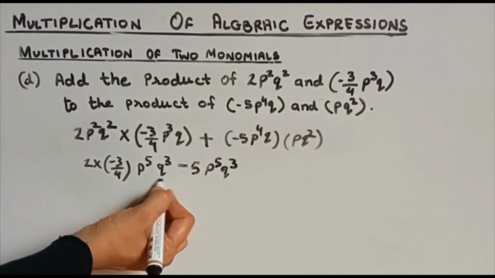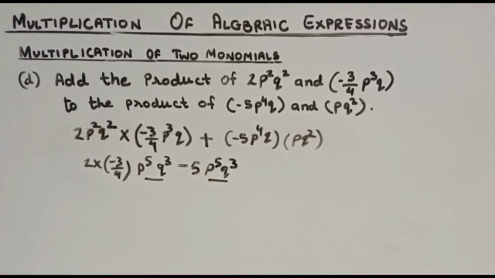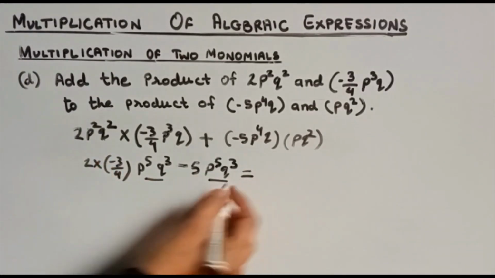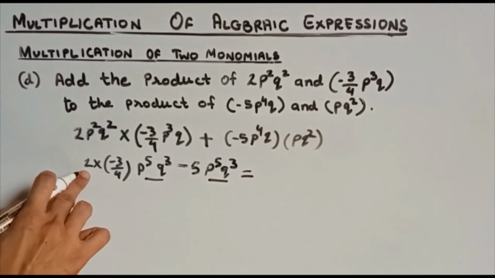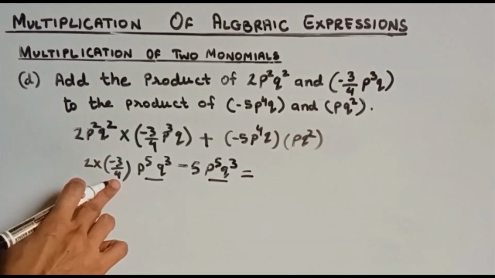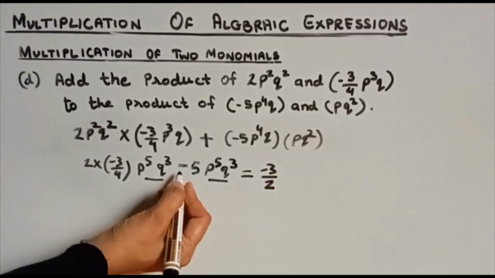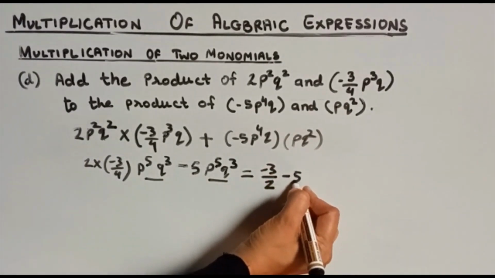Now you can observe these terms are same, p raised to 5, q raised to 3. So I am taking this out. So this will become 2 ones are 2, 2 twos are 4, so minus 3 by 2. This is minus 5.